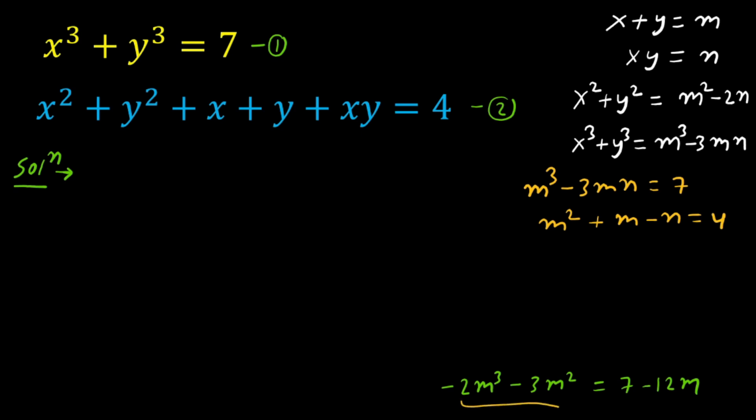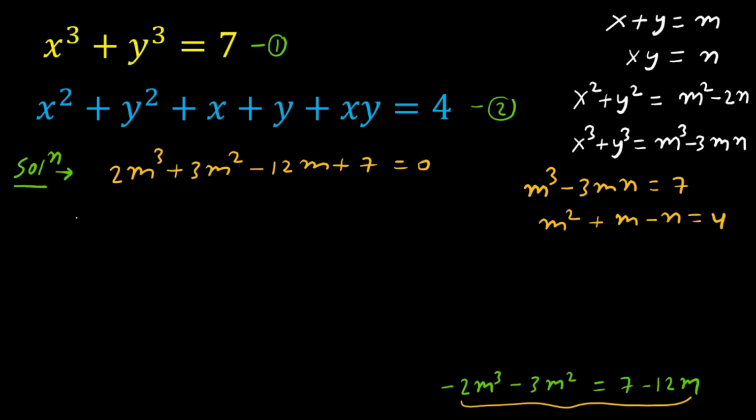Now look carefully at this expression. If we take all the terms to the same side, then 2m^3 + 3m^2 - 12m + 7 = 0.